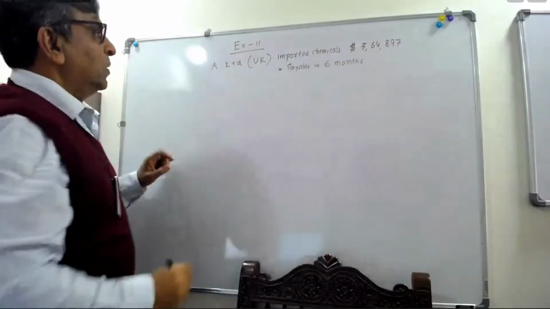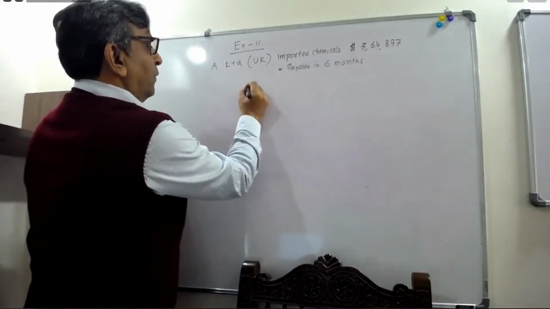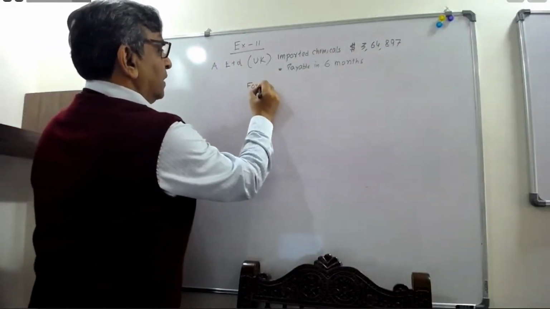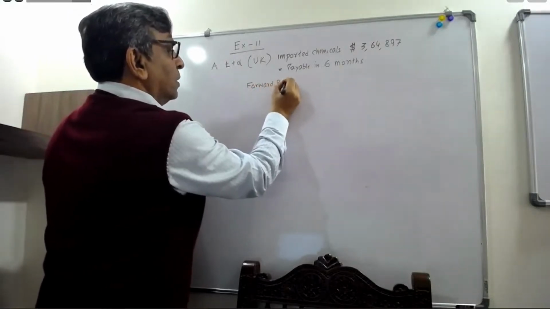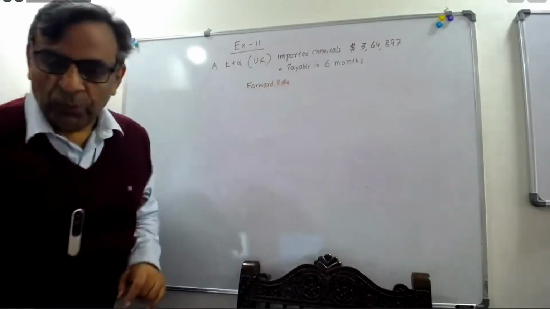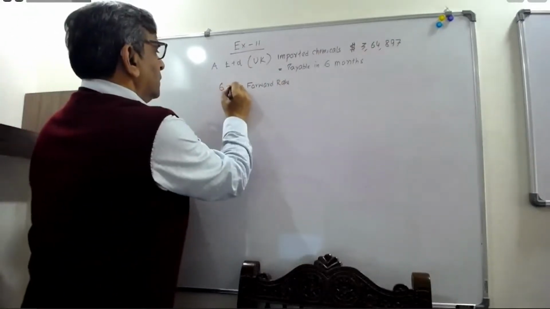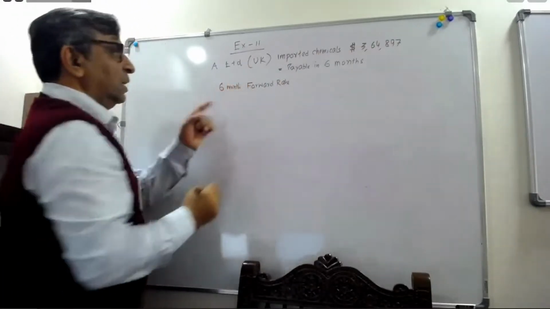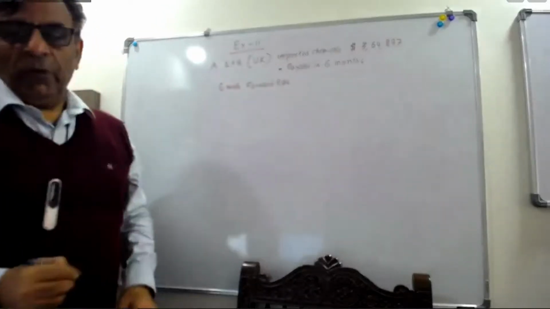Now let's look at the forward rates, which are given to you. Let's ignore the spot rates at the moment. Let's go to the 6 month forward rate straight away to understand how much money he is going to pay after 6 months if he takes a forward cover.